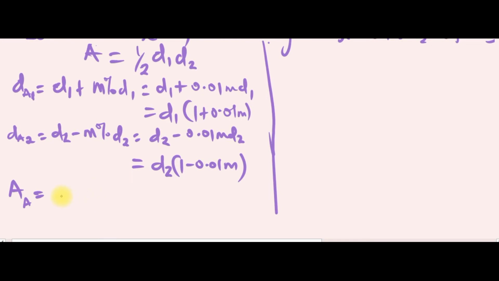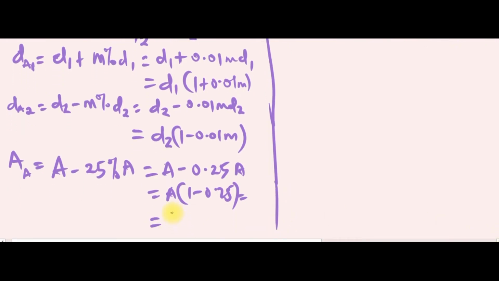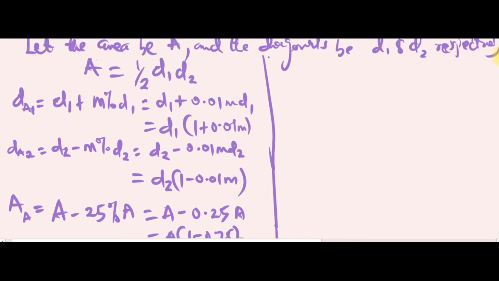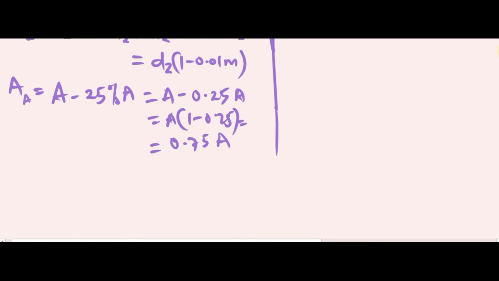So what we have here is the original area minus 25% of A, which is A minus 0.25 A, which is A times bracket 1 minus 0.25, which is 0.75 A. So this is now the area after the decrease. Therefore the area now is 0.75 A.